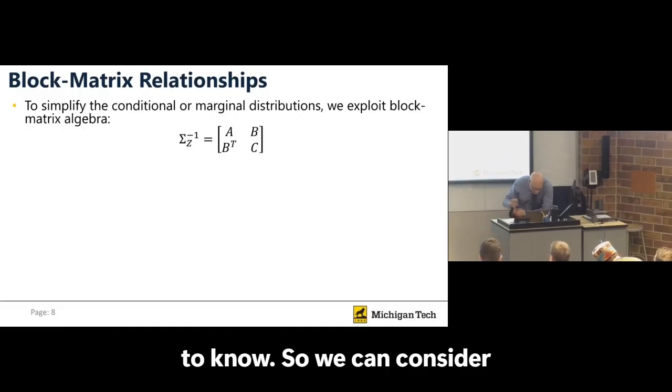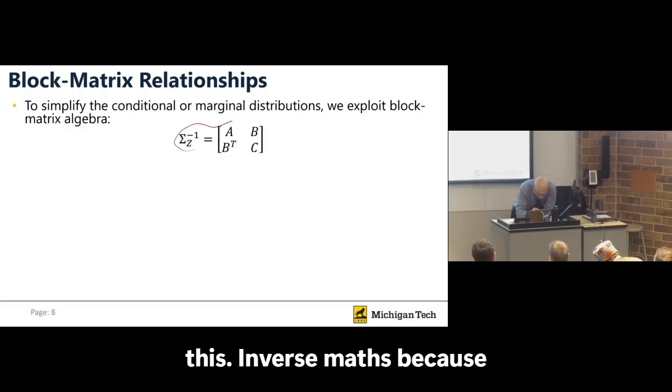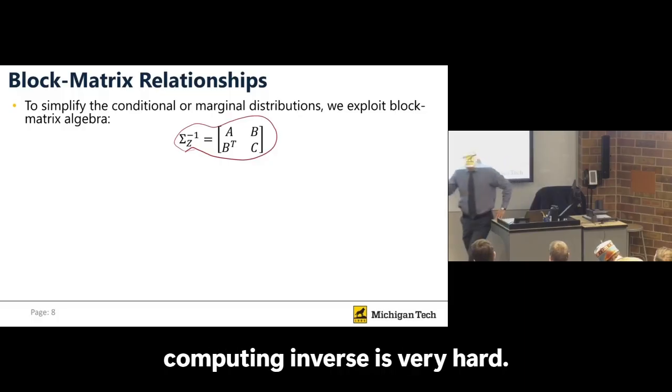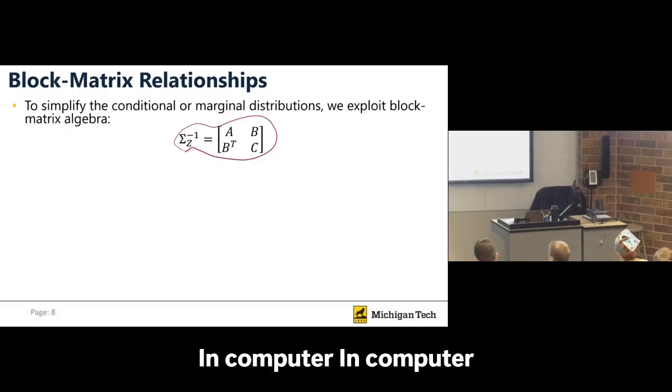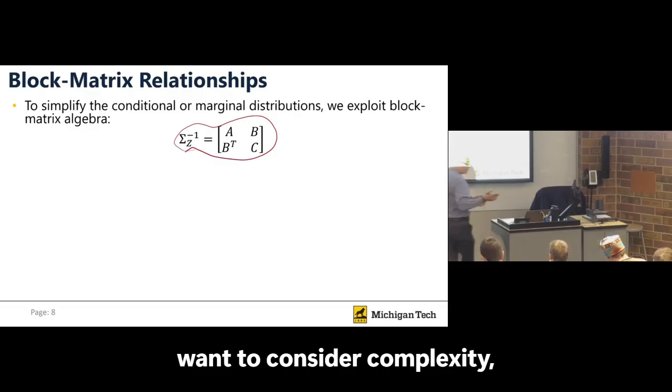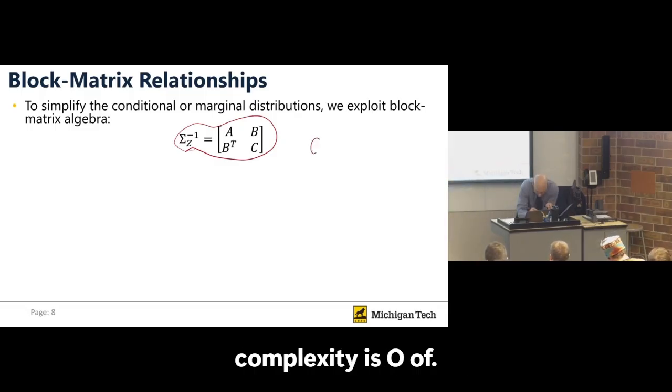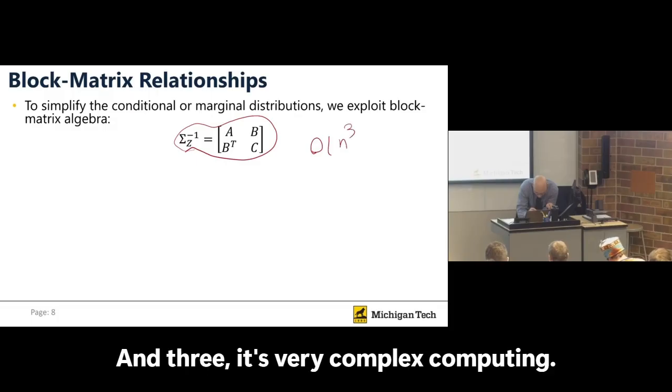So we can consider this inverse matrix, because computing an inverse is very hard in a computer. Even if we consider complexity, complexity is O of n cubed. It's very complex.